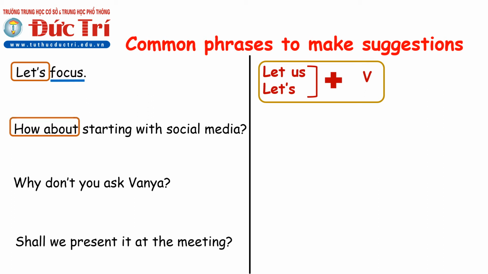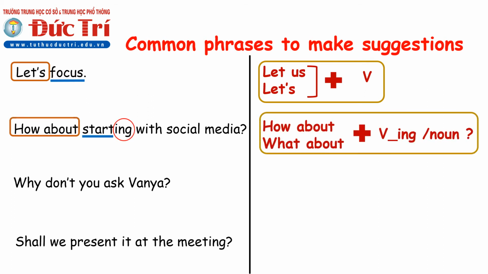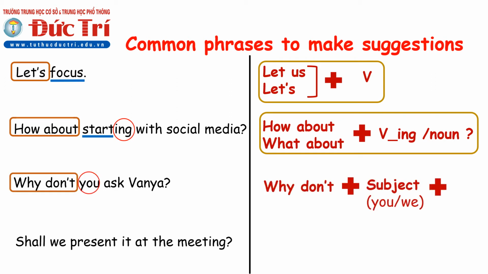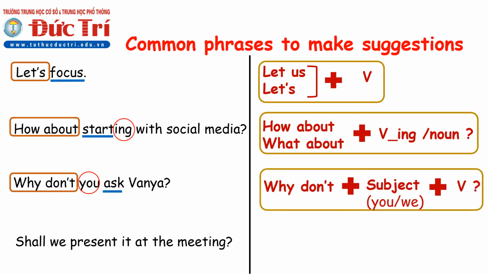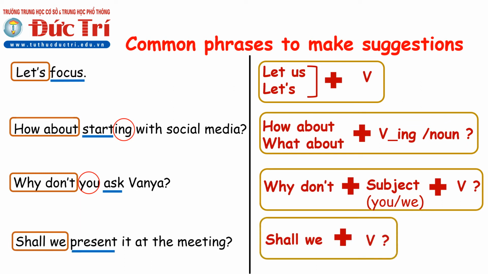How about and what about go with the verb ing or a noun. The subject used in the sentence with why don't is usually you or we, and then the bare infinitive. Shall we goes with the bare infinitive too.